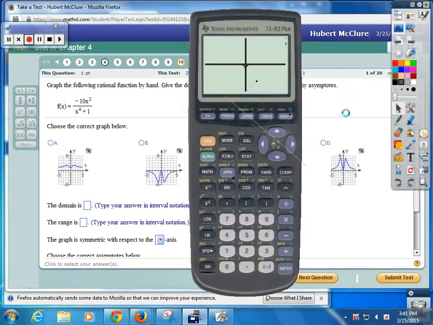And it blows up. Okay, zoom out. Zoom in.